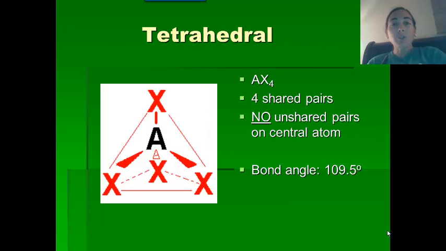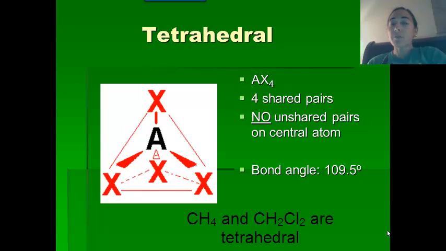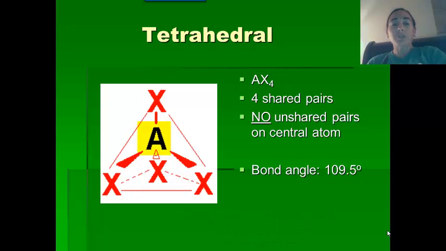Now this molecule is larger again. Tetrahedral, think about the prefix tetra, and it means 4. This molecule has a central atom with 4 bonded attachments. There are 4 shared pairs in this molecule. There are no unshared pairs on the central atom.